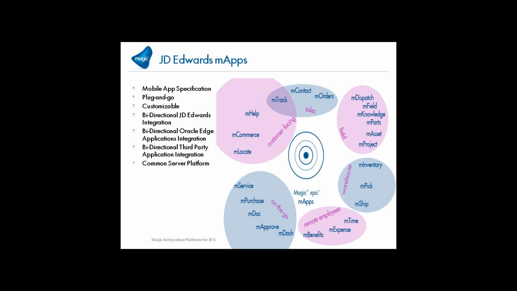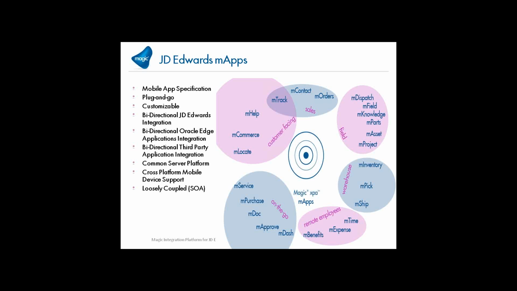And then there are third-party apps as well that might need to be integrated into this process, and you want to be able to utilize a common server platform to bring all of that together and deploy those mobile apps in the form of Magic XPI's integration platform and Magic XPA's application platform for cross-platform mobile device support.